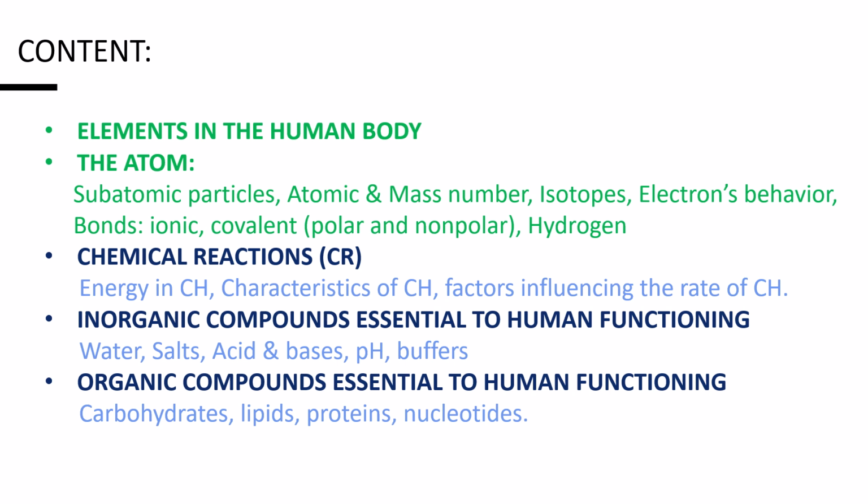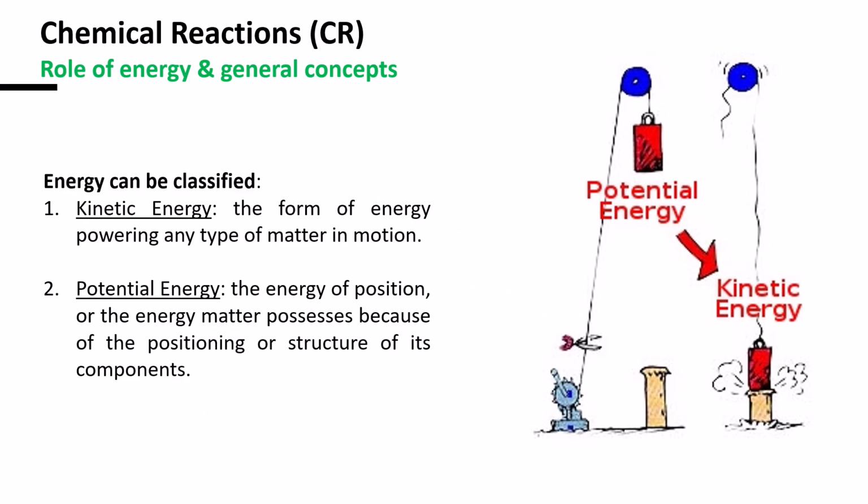Let's review some concepts about chemical reactions now that we know how elements or atoms interact with each other. Before we start talking about the chemical reactions, we need to talk a little bit about energy and why this energy is important, because I mentioned earlier that in order for the cells in your body to be considered alive, they have to have the ability to generate energy, not create energy, but have the ability to obtain energy.